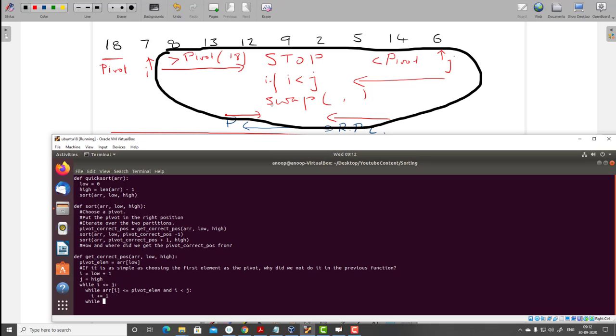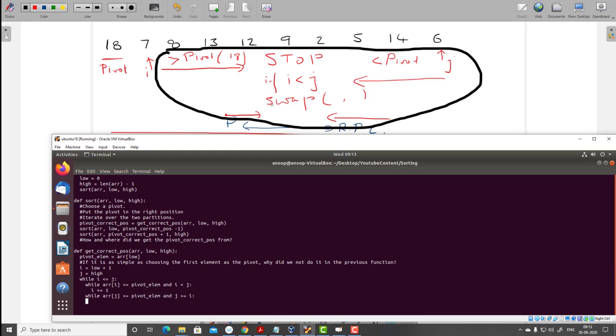So now the second one says that array of J, we are now moving from right to left, array of J till it is greater than or equal to the pivot element. We should go further, and again J is greater than or equal to I. I could have just mentioned I is less than J, but I just want to specify it in terms of J because we are in the second loop, right?